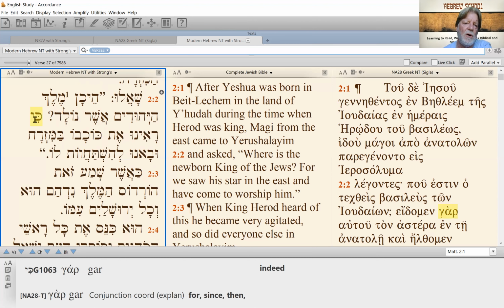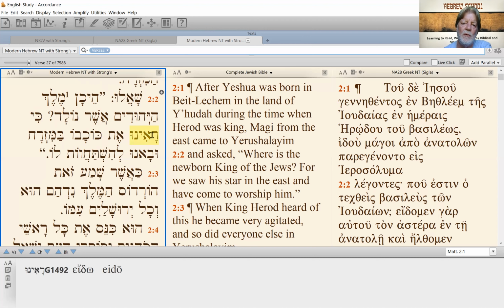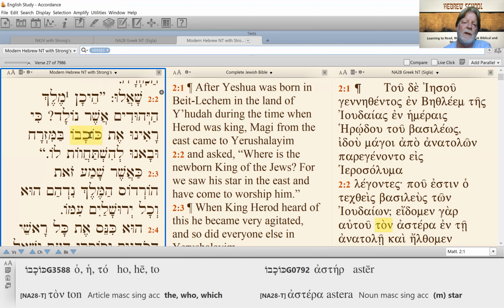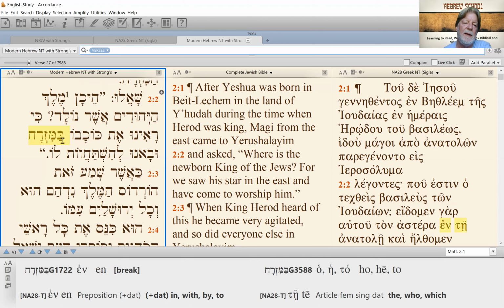Ki, because, or for, Ra'inu, we have seen, et kokavo. Kokav is the Hebrew word for a star. We have seen his star, bamizrach, in, here's the prepositional prefix, ba, meaning in. Mizrach is the Hebrew word for the east, out there in Parthian territory, maybe.